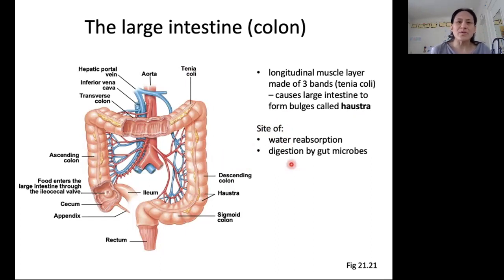So we don't do very much digestion on our own in the colon, but we have a lot of microbes living in our gut that digest the materials that we are not able to digest ourselves. And then we are able to absorb the nutrients that are freed up by that digestion done by the gut microbes. Okay.